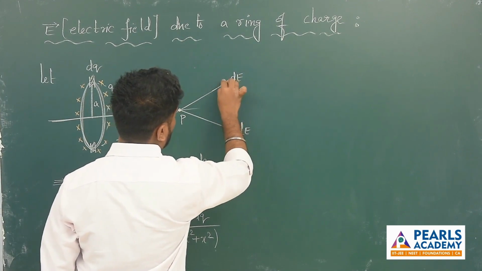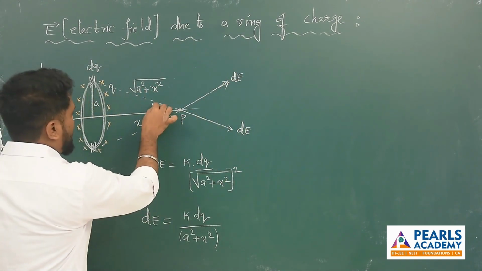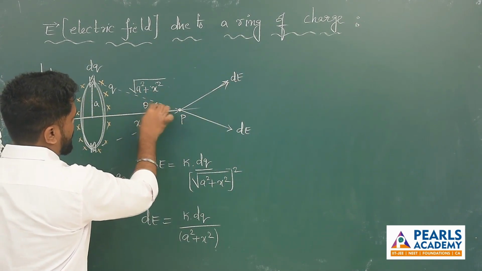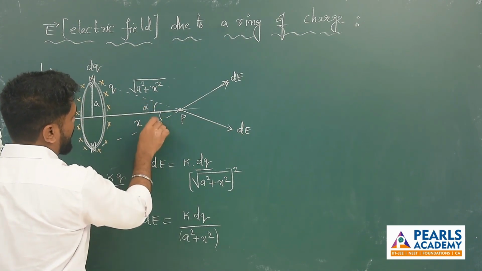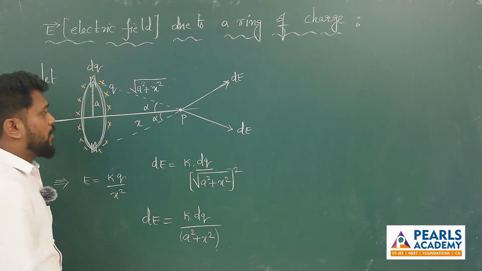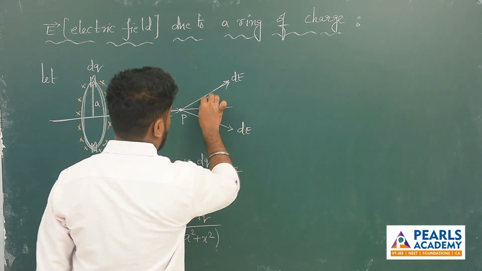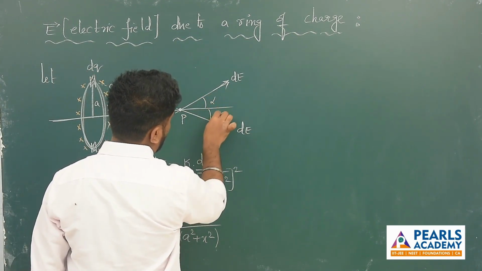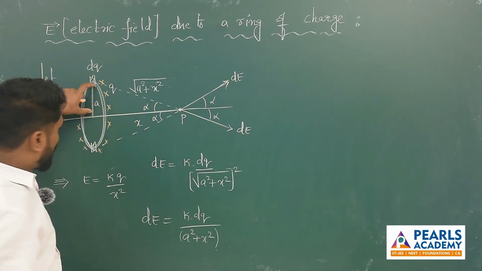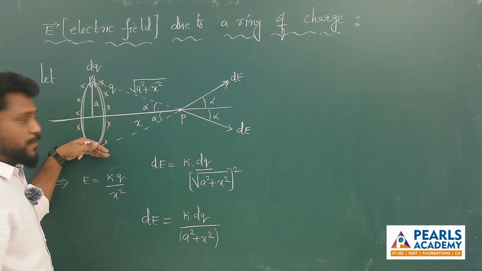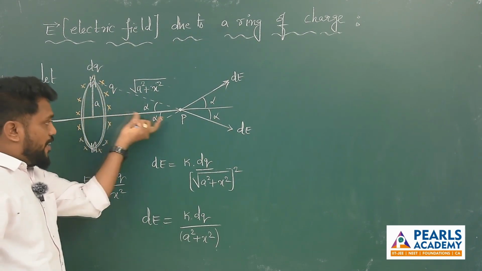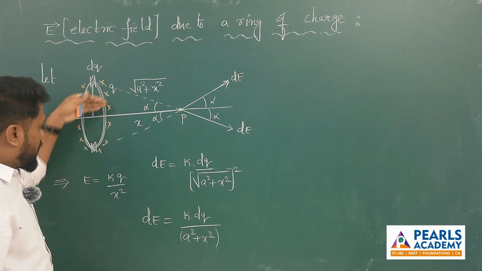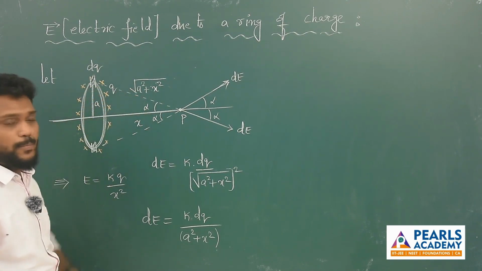If I take this angle as alpha, this angle also will be alpha, and similarly this and this will also be alpha, because both the upper part and the lower part make equal angles, as the distance from point P and the radius are the same.